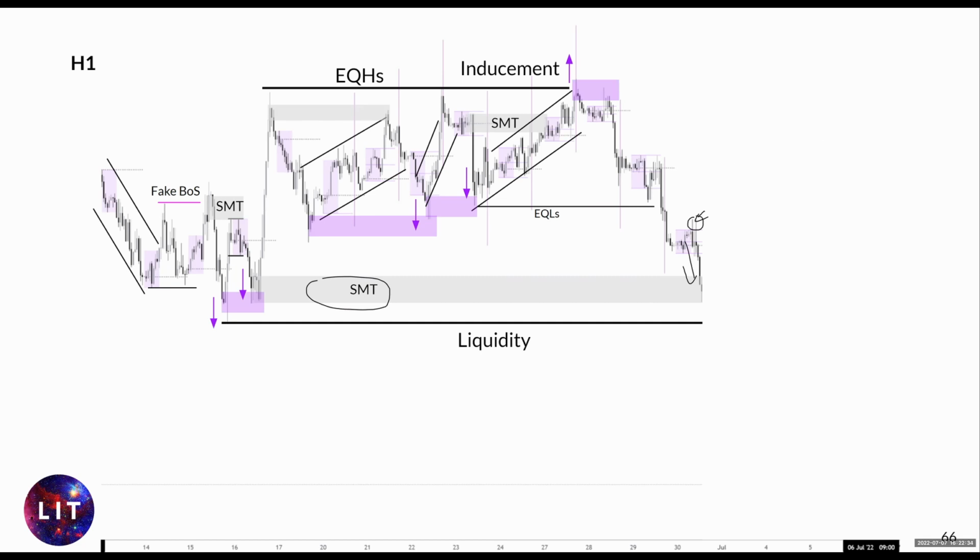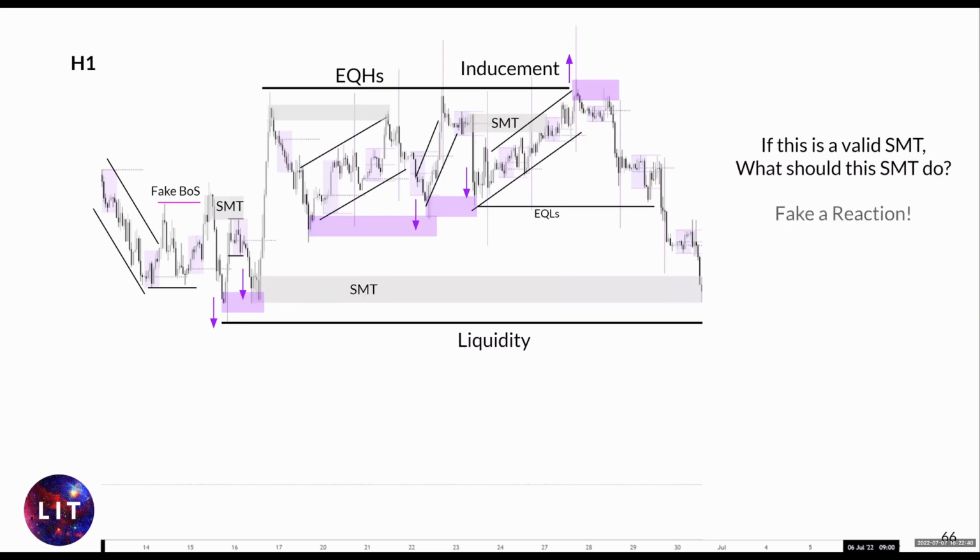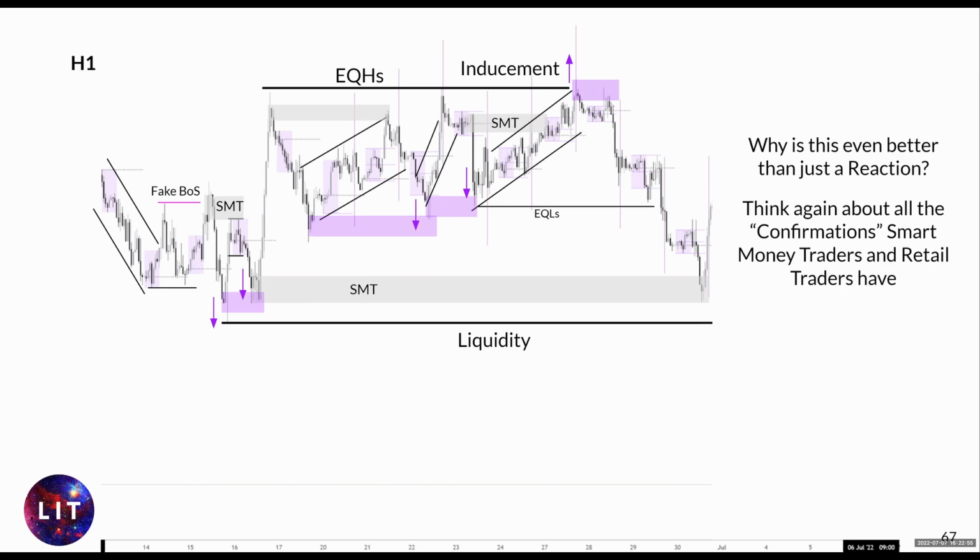So the question is, if this is a valid smart money trap, what should this smart money trap do? Fake a reaction. Very good if you answered that correctly. And guess what? Boom, there's your fake reaction. And why is that even nicer than just a fake reaction? So now again, think about all the confirmations these smart money traders have.